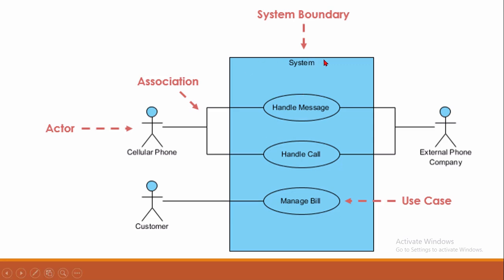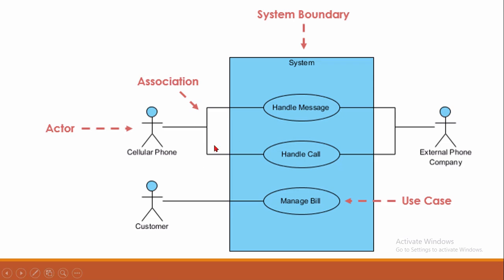So here this is the system boundary, and you can see we use an ellipse for showing a use case. Use case is nothing but what? It is a function which we implement in our system, and we have a system boundary here.